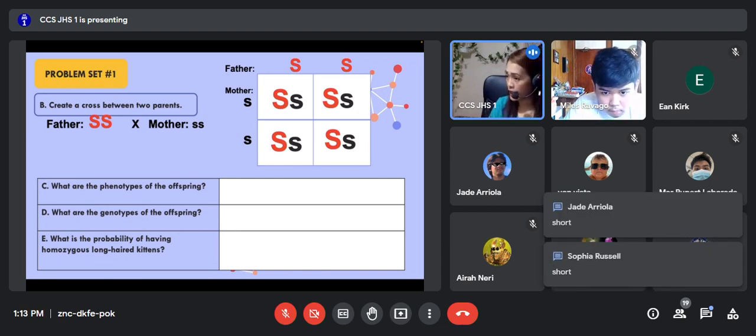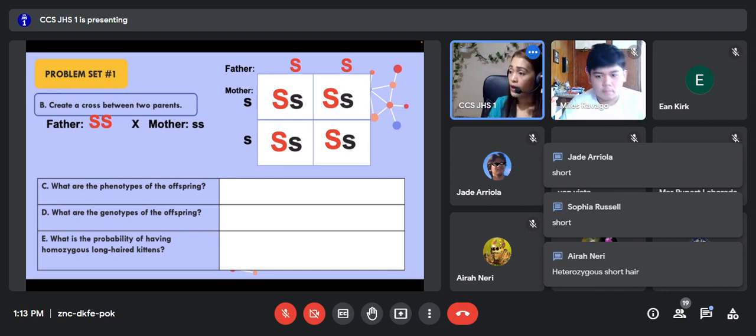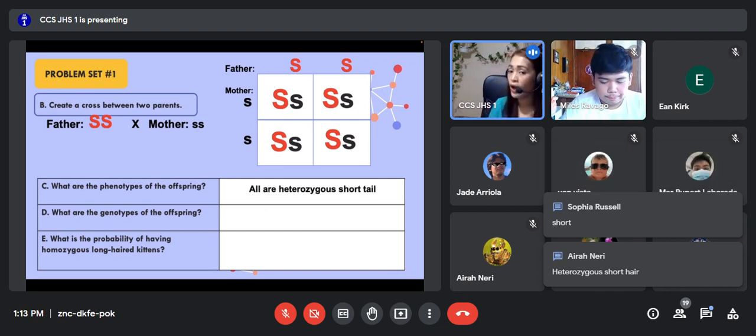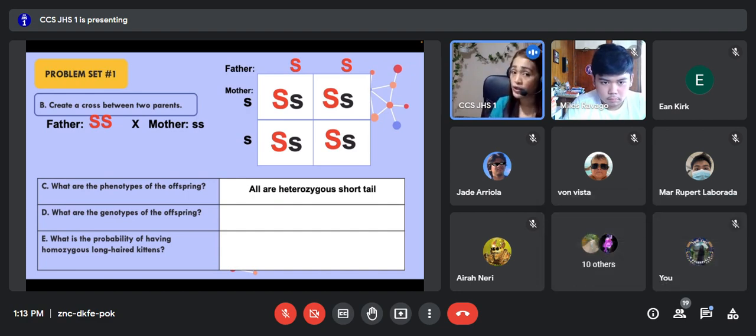Okay, short, because again, this is with the dominant trait. Very good. So all of them are described as heterozygous with short tail. How about the genotype? All of them have a uniform genetic combination, so all of them will have capital S, small s.